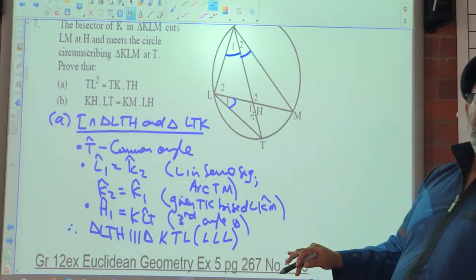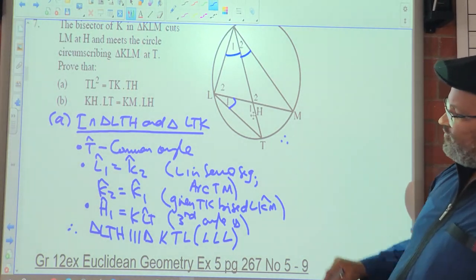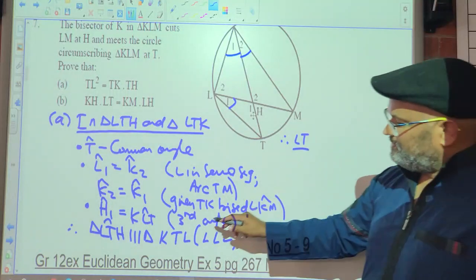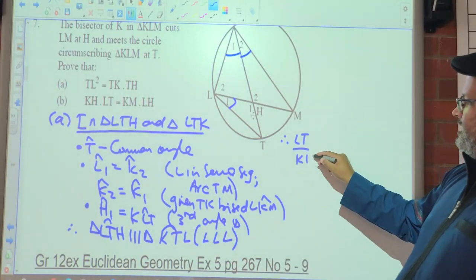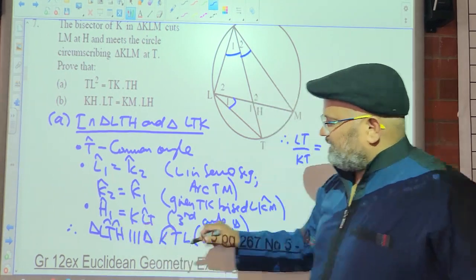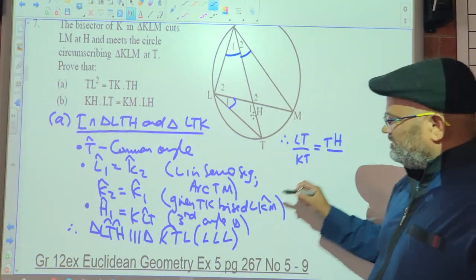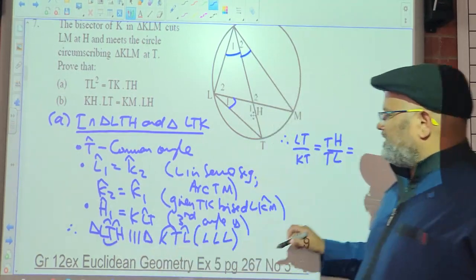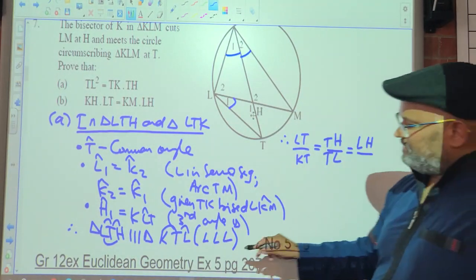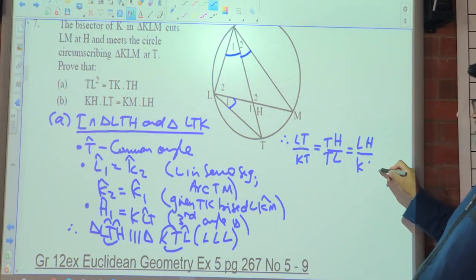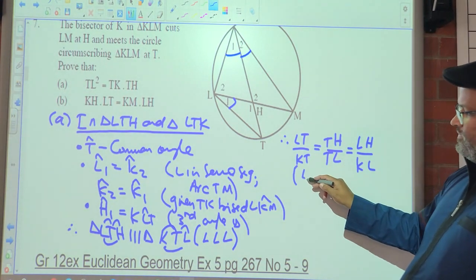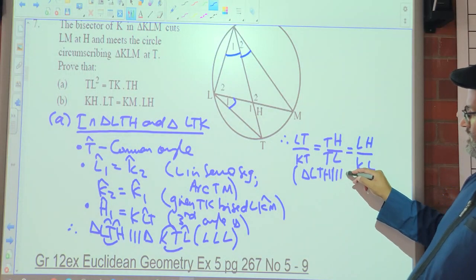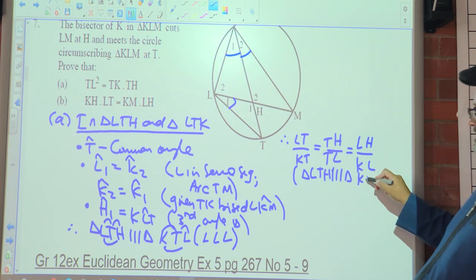So now we can conclude the ratio. Therefore, LT over KT is equal to TH over TL equals LH over KL. Why? Because triangle LTH is similar to triangle KTL.